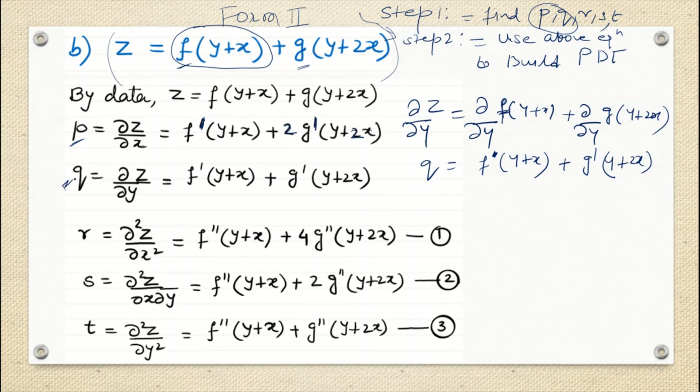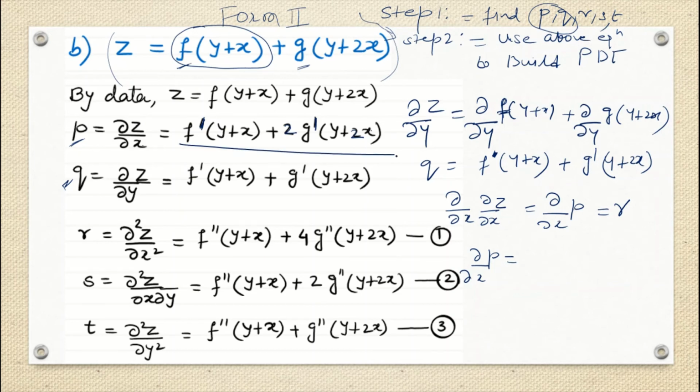So p and q are done. Now what about your r? R is what? Del by del x of p, that is del squared z by del x squared. So you have got your p, and you are finding del by del x of p. That means just focus on this equation.